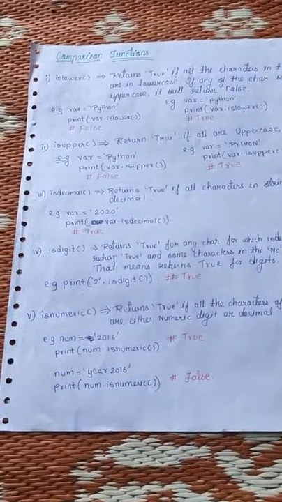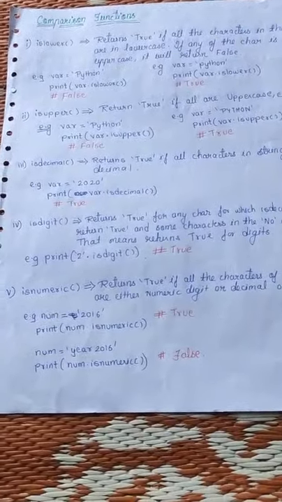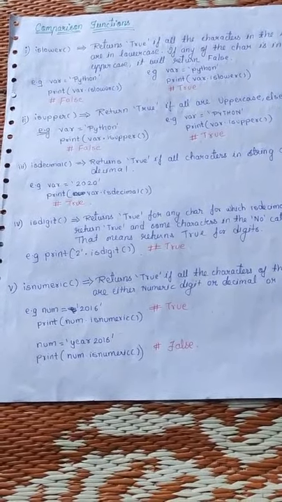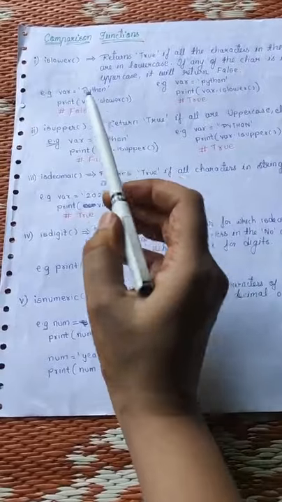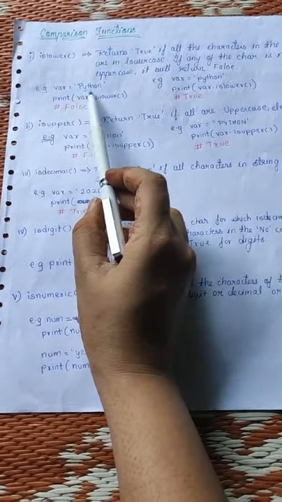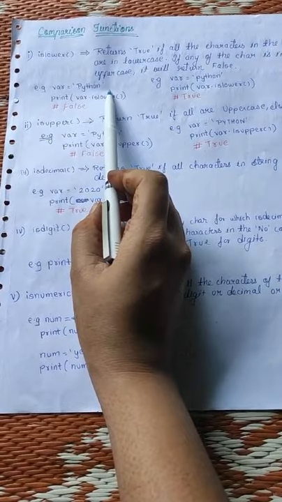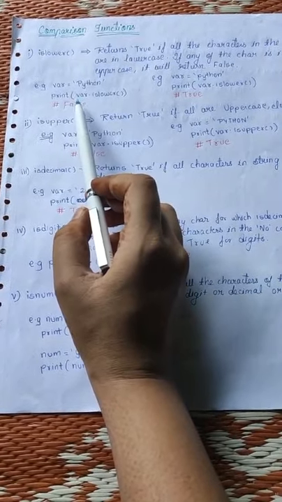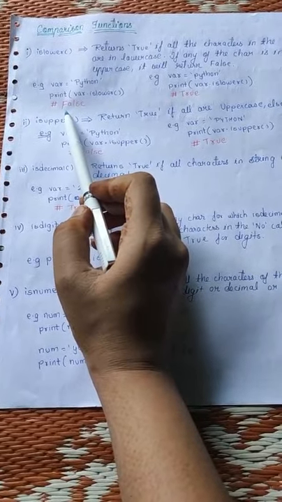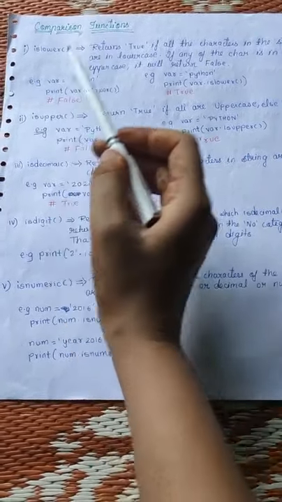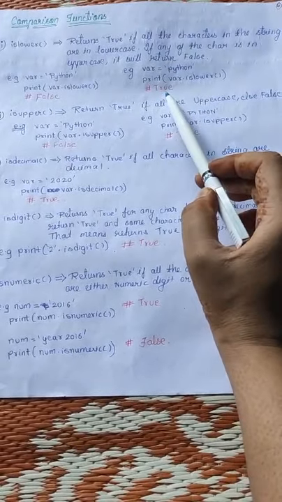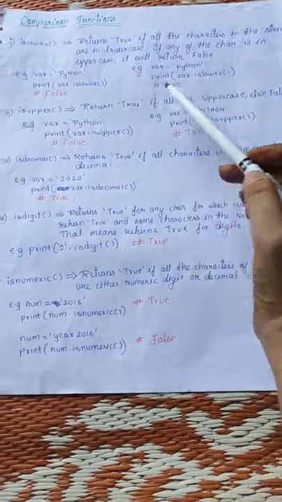But the comparison function allows us to check whether the given string is in lower case or not. Here P is capital and the rest of the characters are small, so when I write var dot islower, it gives the output false. In the same way, if everything is in lower case, it will give true.